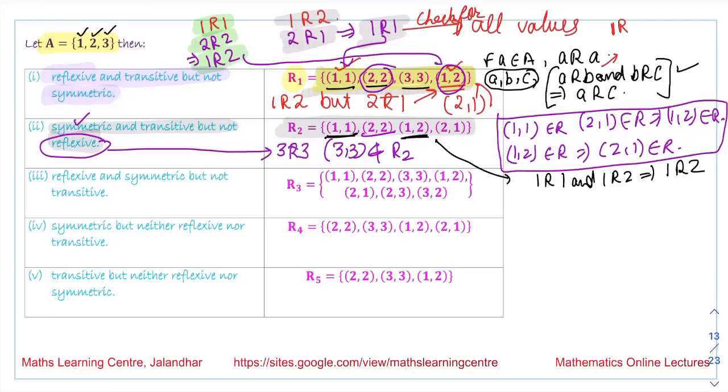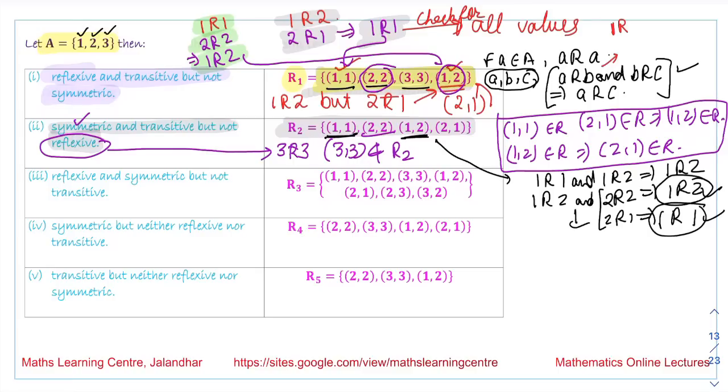Next, we are talking about 1 is related to 2, and we have two conditions over here. 2 is related to 2 and 2 is related to 1. So this implies 1 is related to 2 and this implies 1 is related to 1. So both these conditions are true.